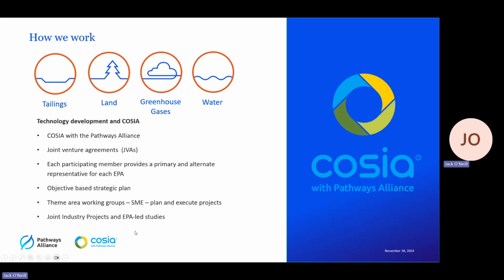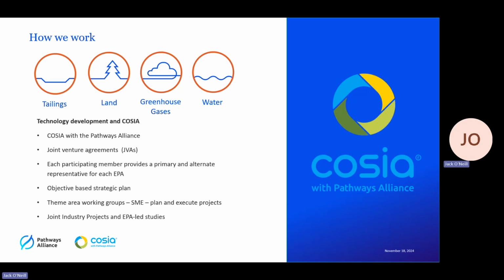How does COSIA work? 4 environmental priority areas: tailings, land, greenhouse gases, and water. First of all, we rebranded within Pathways as Technology Development and COSIA. But each one of these EPAs, environmental priority areas, has a joint venture agreement, a legal document that binds all the members together independently.